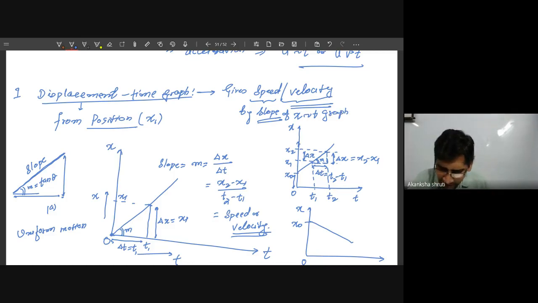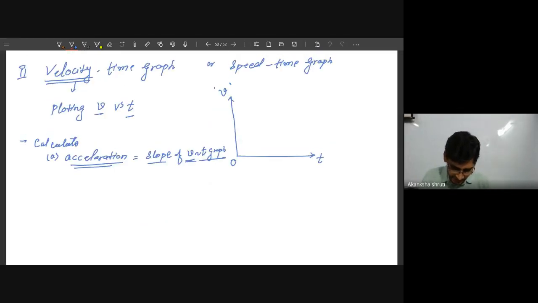For this xt graph, the method of calculating slope remains the same. What is the change in your vertical axis by what is the change in your horizontal axis? That ratio you have to take. So the slope of a distance time graph gives us speed, but the slope of a speed time graph gives us acceleration.